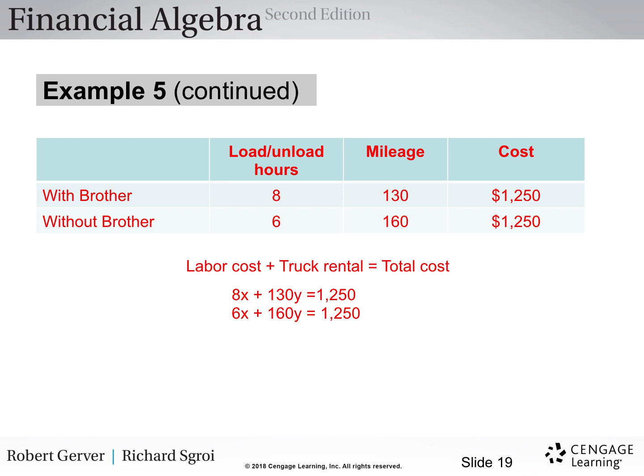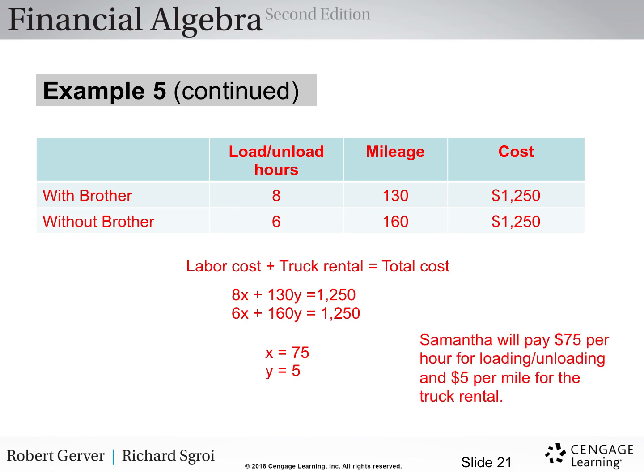So we come up with our 2 equations, depending on whether she's using her brother or not using her brother. And now we can see that the price is $75 and $5, with the $75 being per hour for loading and unloading, and the $5 being per mile for the truck rental.